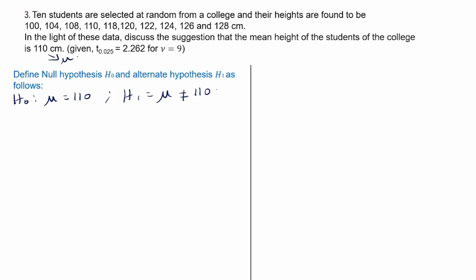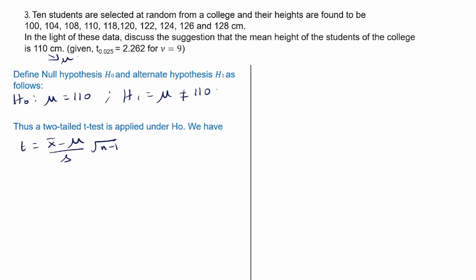This is mu. Thus a two-tailed test is applied under H naught. We have t equal to x bar minus mu upon s into root of n minus 1. Now we have to calculate x bar, s and all since only the sample observations are given.